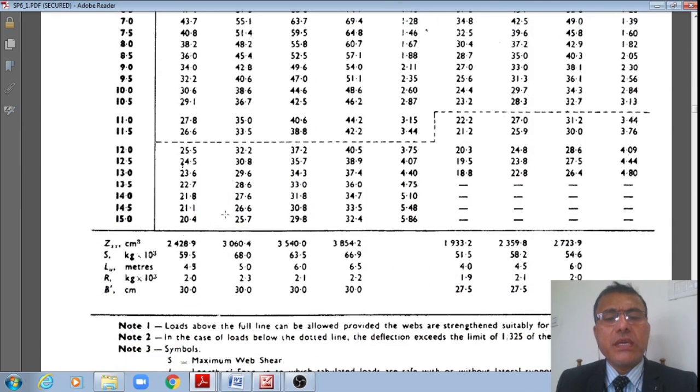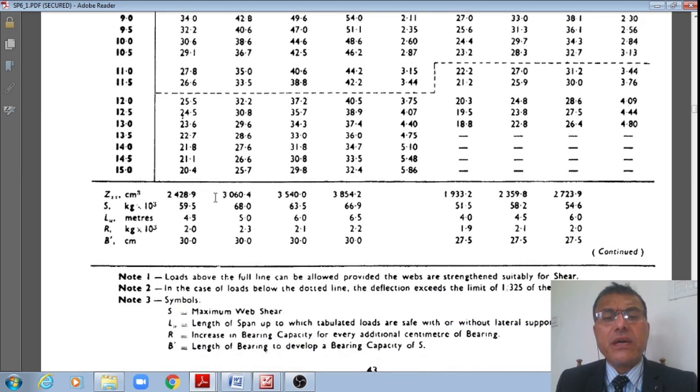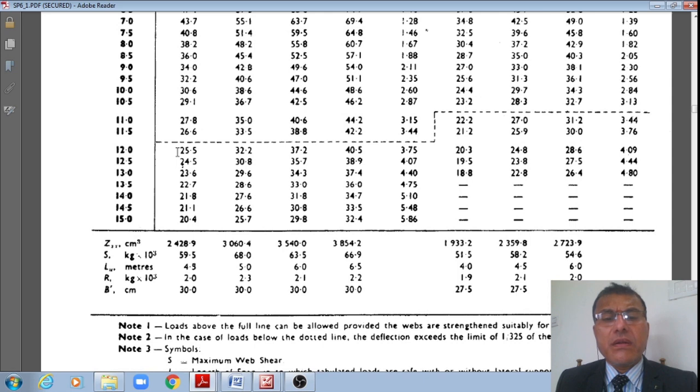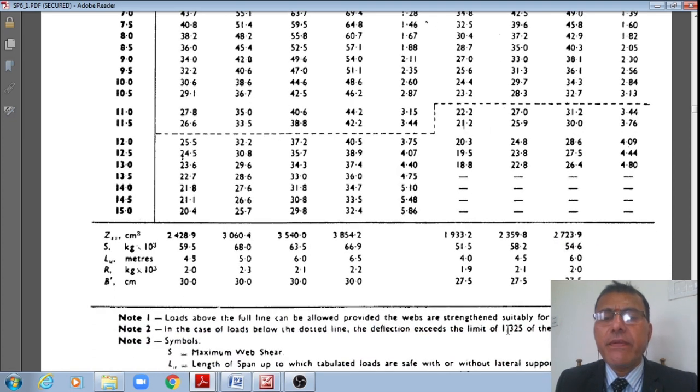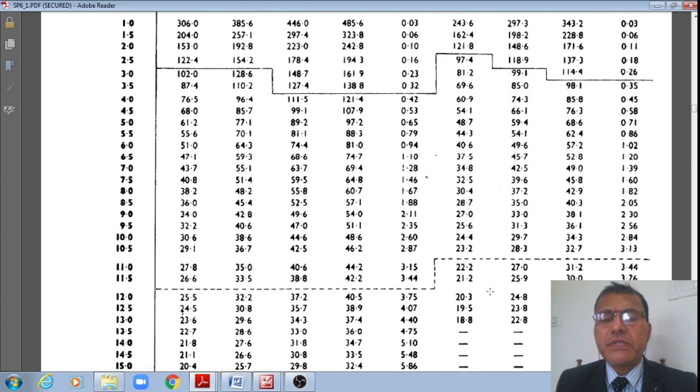And the second note is that this dotted line indicates that in the case of the loads below the dotted line, the deflection exceeds the limit of 1/325 of the span, right? Therefore you should be cautious while using these sections below these dotted lines, because they are now exceeding the deflection limit of 1/325.